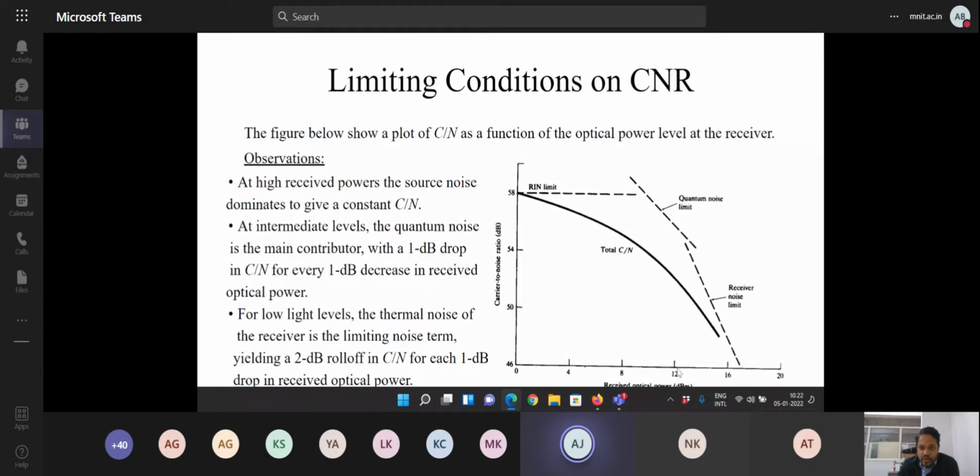Between 8 to 12 dBm, the quantum noise or detector noise is playing a major role, and between 12 to 16 dBm, it is the preamplifier which is playing the limiting role.